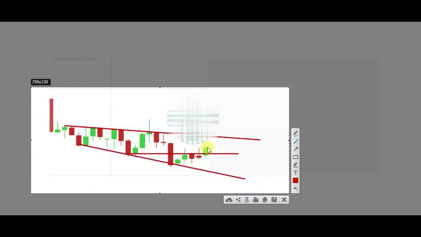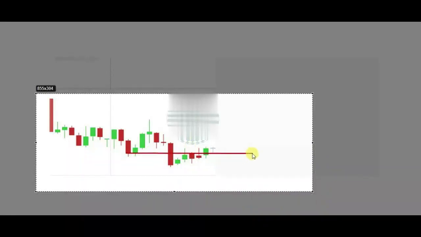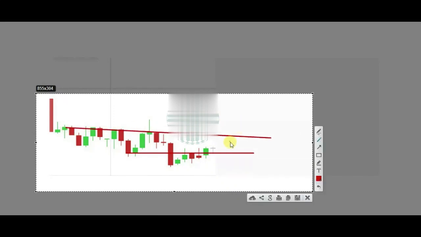The candle closed above these levels, and there is no buyer's or seller's level, so we still need to wait. Okay, there is indecision, but still there are no levels, so we need to wait.